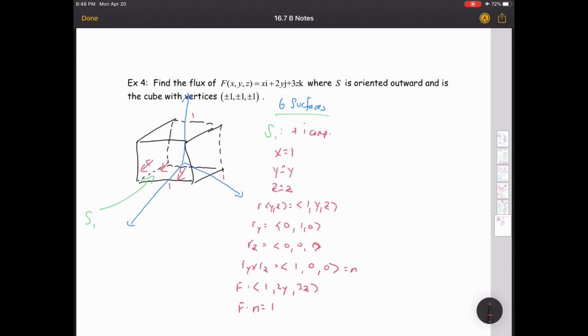So if I were to take the double integral, let me scroll this up just a little bit here.